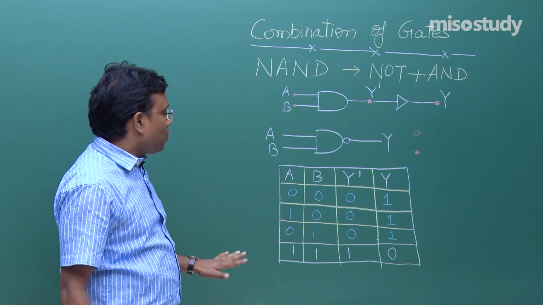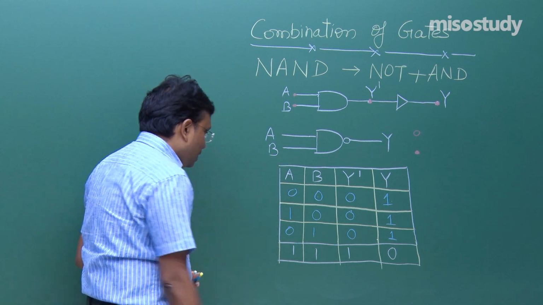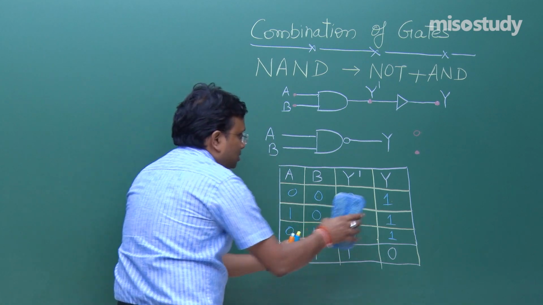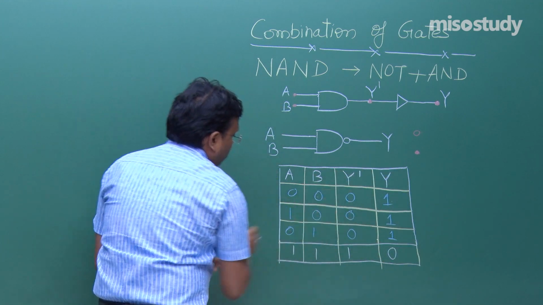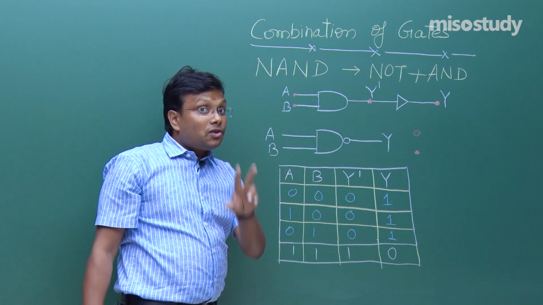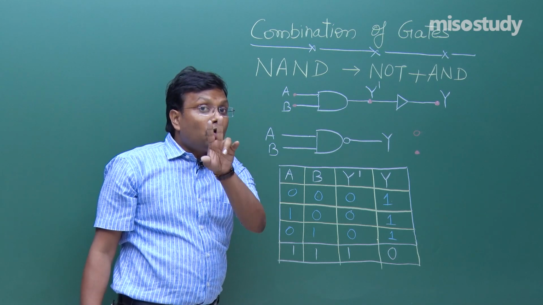Now if you are unable to visualize it, just for the time being forget this much of the table, fine. Let us apply AND logic over here. AND means when both inputs are high, only then output is high.